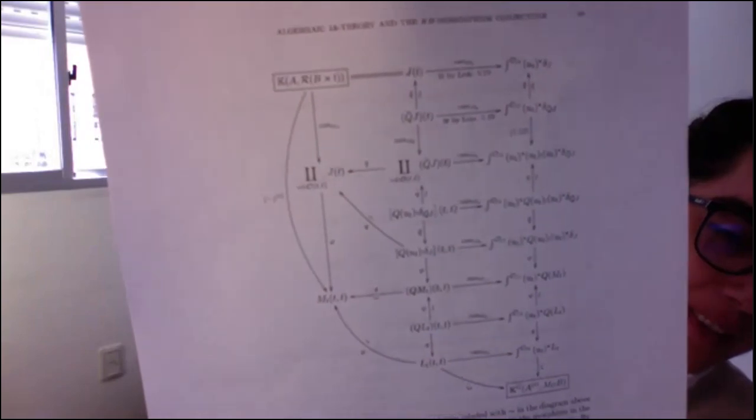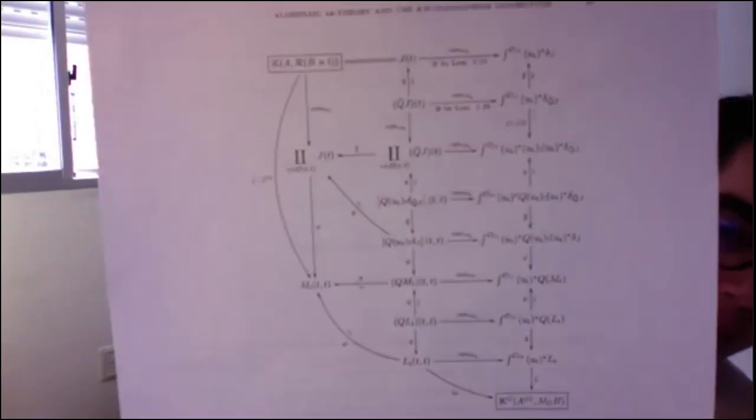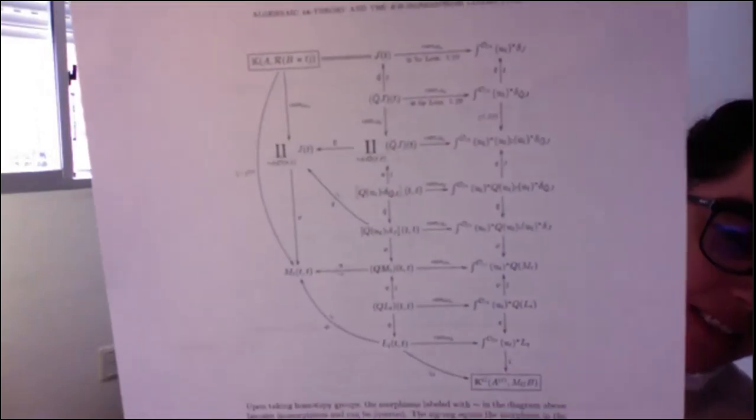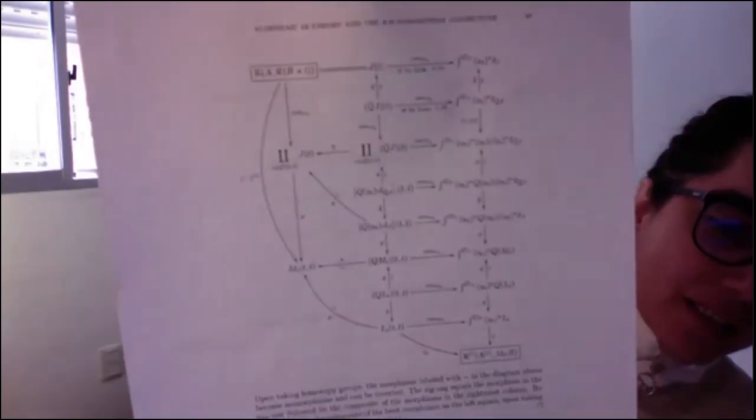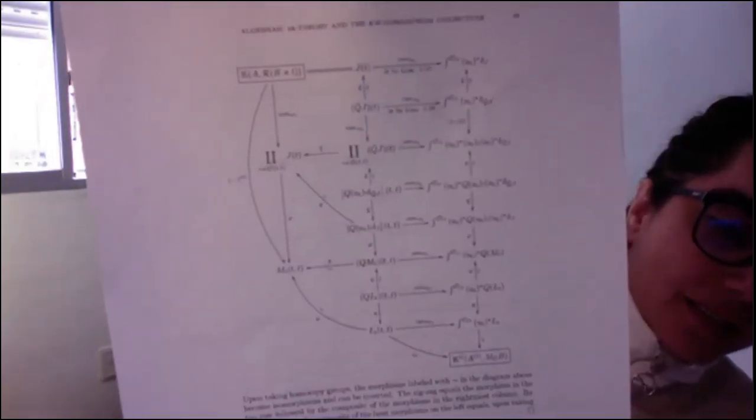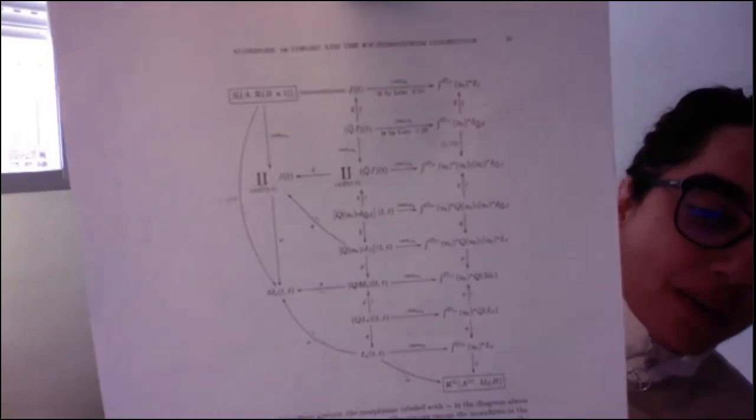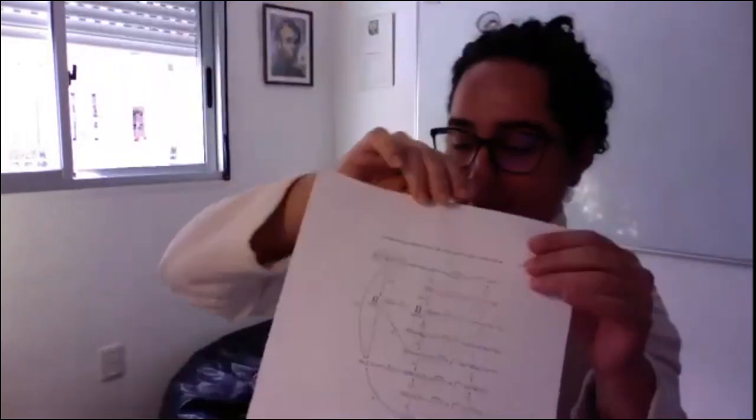Oh, that thing. That is what I was looking for. That's the orange map, where some of the arrows there are a composite of arrows that show up there, I suppose. Yes, I can share.